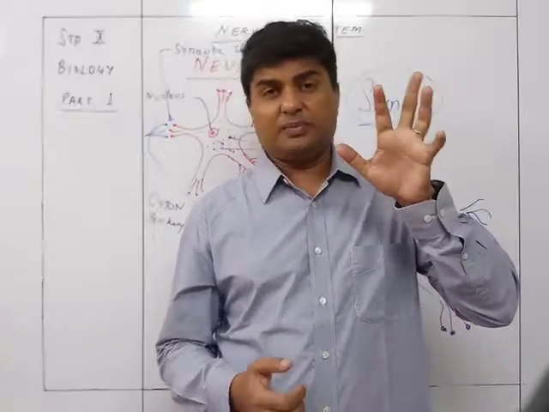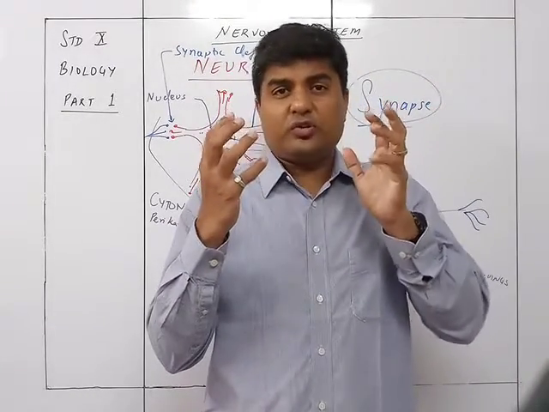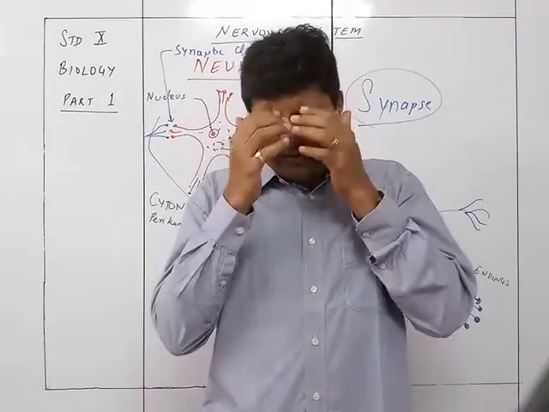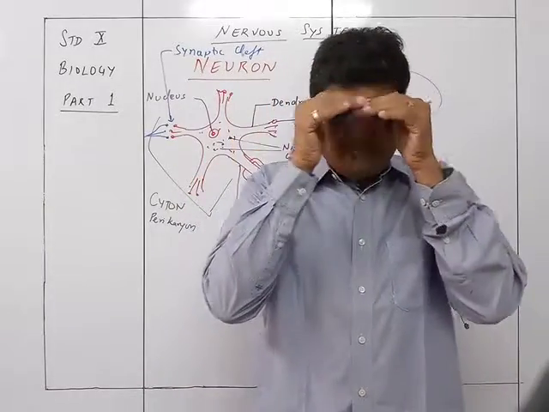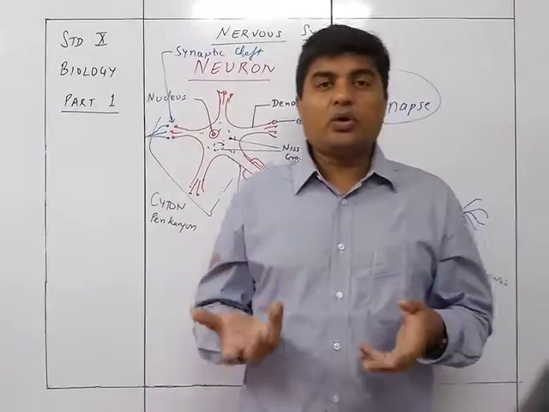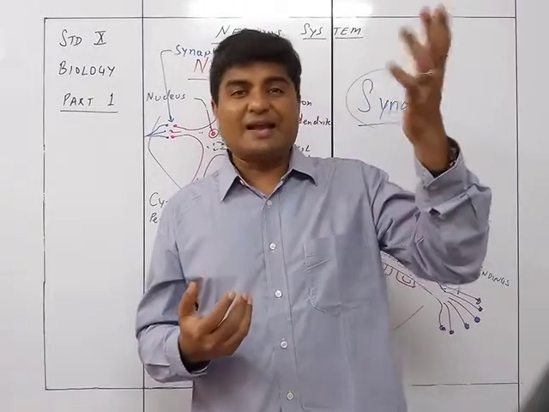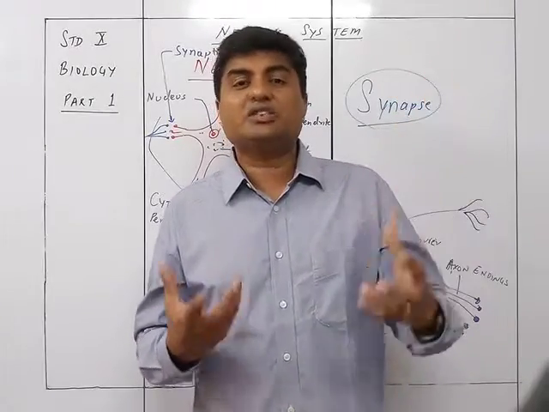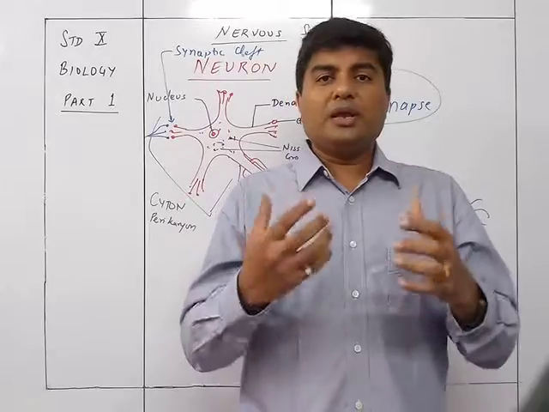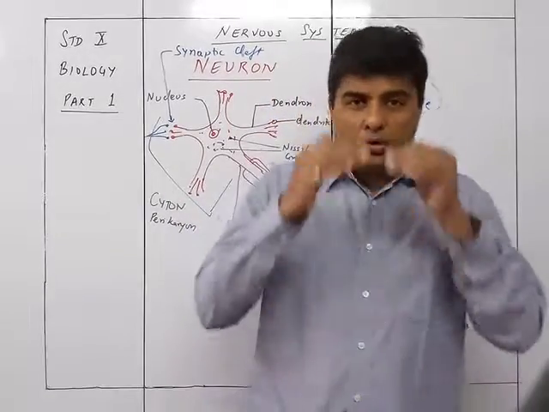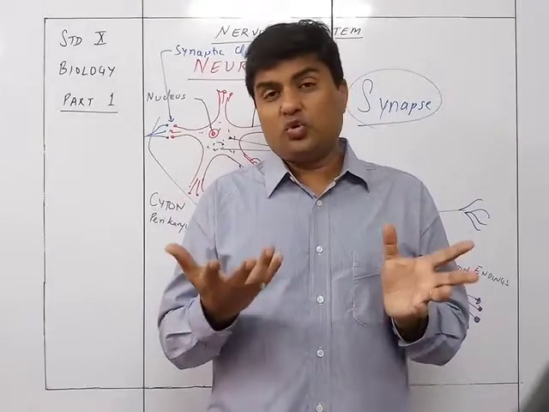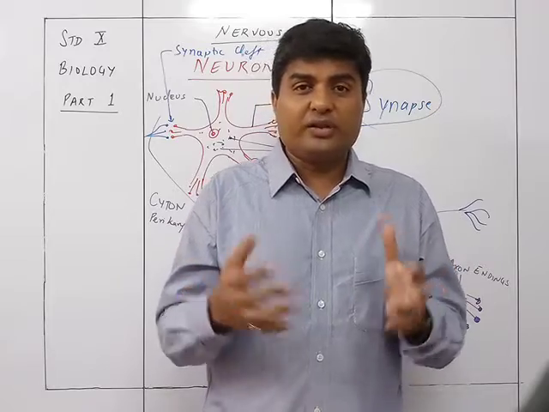The bright sunlight automatically makes you close your eyes, or at least hide your eyes. Why? Because the bright sunlight is the stimulus which is making you close your eyes, because it's too bright and you're not able to accommodate so easily.